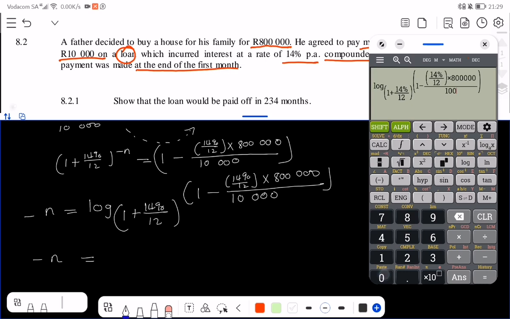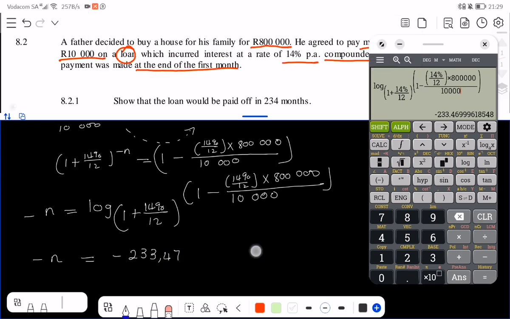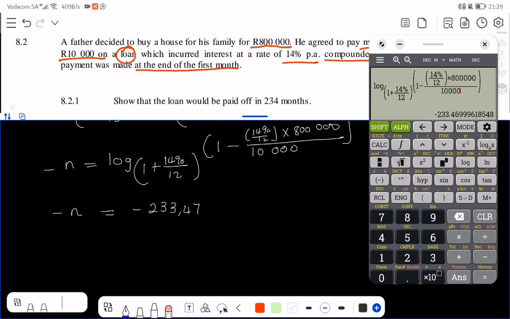So as you can see, I am getting minus 233.47. Let me write it in a proper way. Now I am allowed to round off, okay? So when I multiply or divide by negative throughout, I am going to get this positive 233.47.